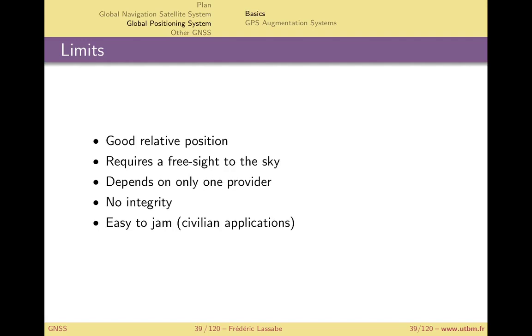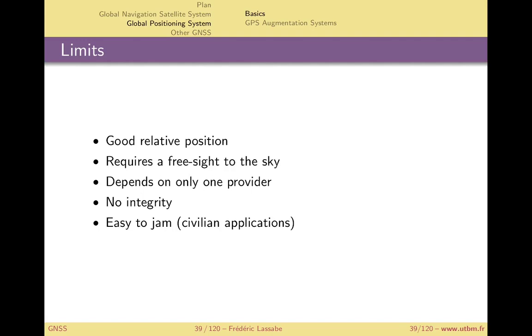As soon as you are using a USA-based service, and today we can tell that with someone like Donald Trump at the head of the United States of America, it's becoming increasingly complicated and maybe dangerous to rely on a North American service to get our devices located for some of the strategic and critical applications.